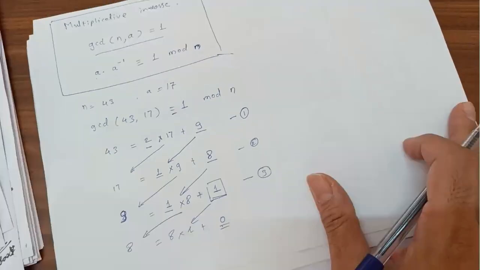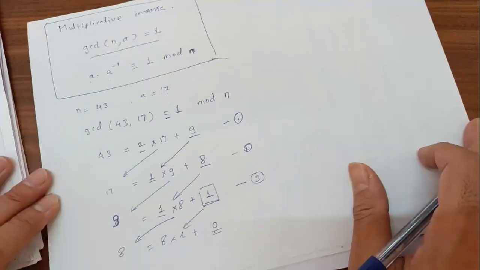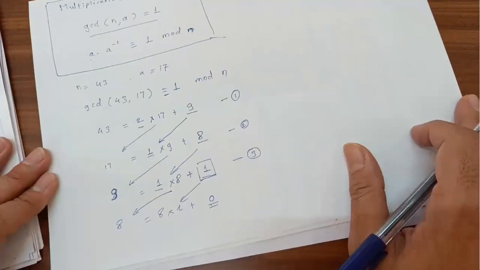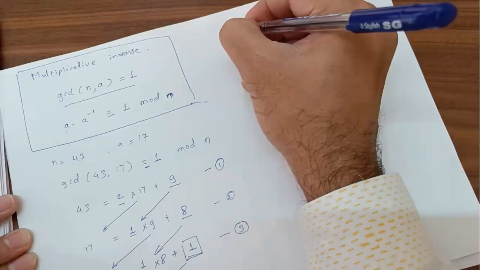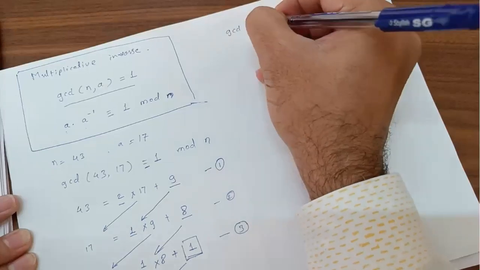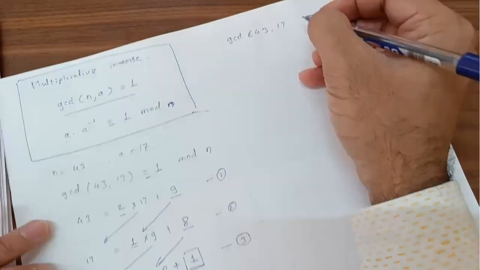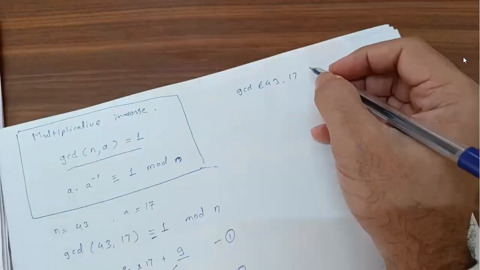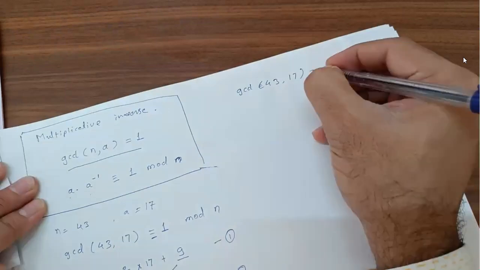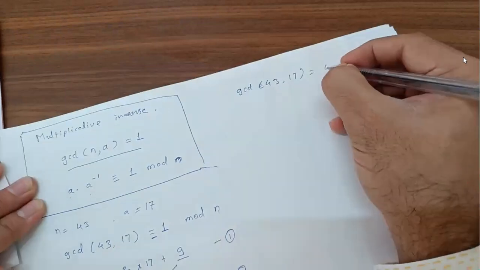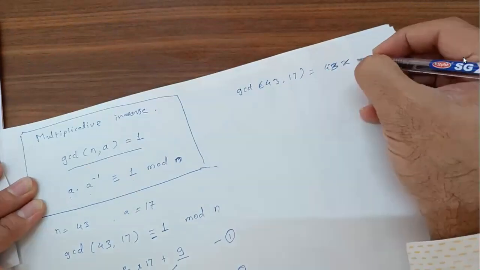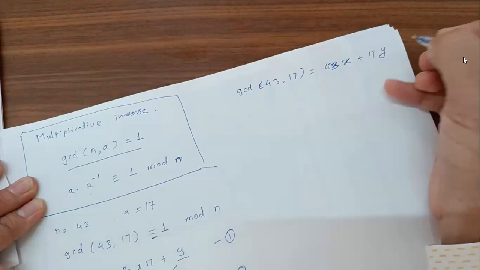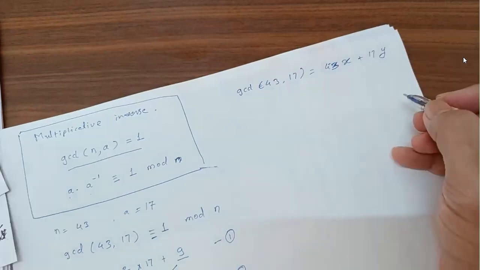Now we have to find out the extended Euclidean. That means what? The extended Euclidean algorithm says that the GCD of 43 and 17 can be rewritten as 43x plus 17y. I'm sorry if it is not visible. Is it correct?